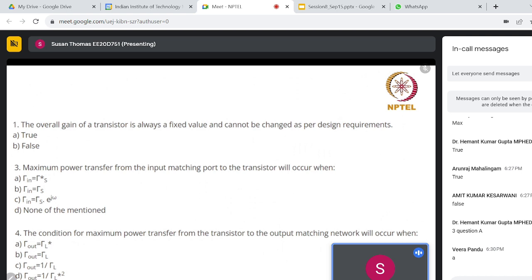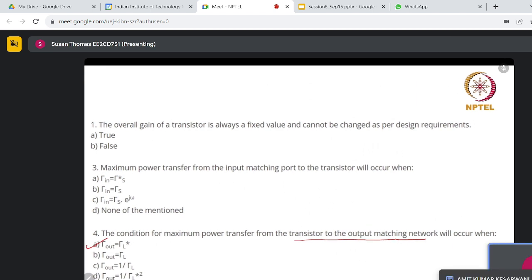I request everyone to answer. Condition for maximum power transfer from the transistor to the output matching network. Answer for question number 4. Yes, that's the right answer. Gamma out is equal to gamma L conjugate.